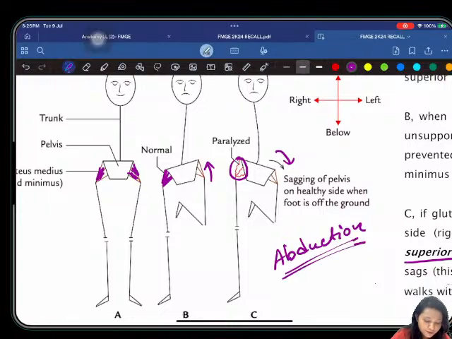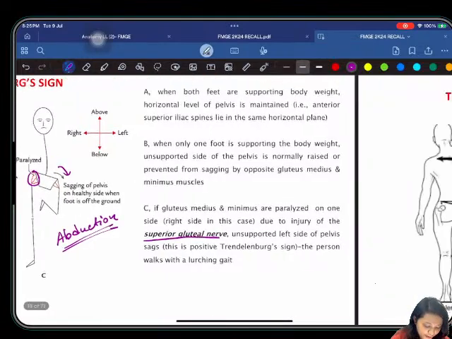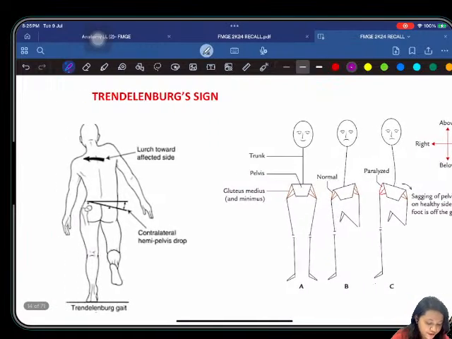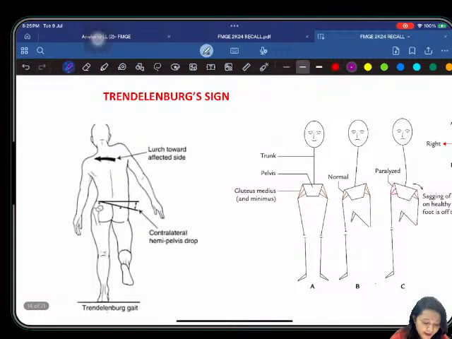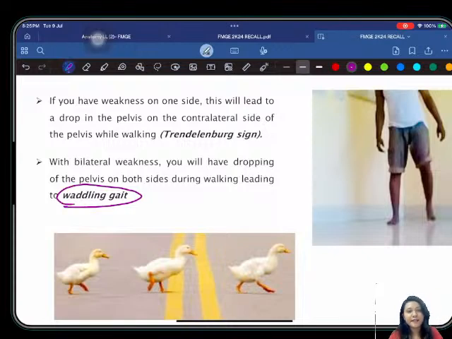So you know about the entire Trendelenburg sign, and you also know that it is for the abduction of the hip joint. You can see the lurch is towards the affected side, and if there is a bilateral Trendelenburg sign positive, then the gait will be a waddling gait. If it is unilateral, it is a lurching gait, and if it is bilateral, it is a waddling gait.